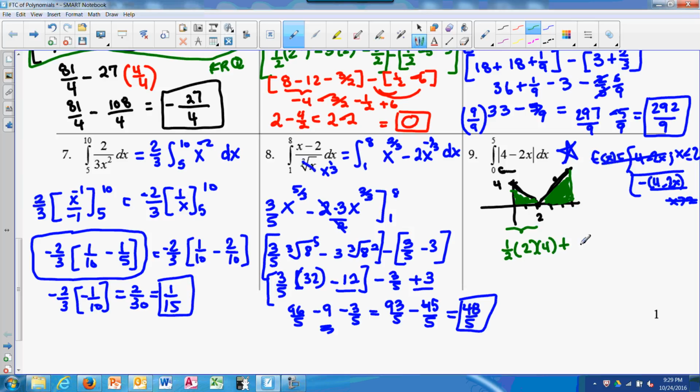The second triangle is 1/2, the base from 2 to 5 is a length of 3, and the height this time was 6, because that was the y value. On a free response, that would be my answer. On a multiple choice, I would get 4 plus 9 is 13.